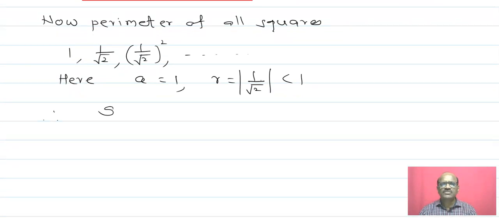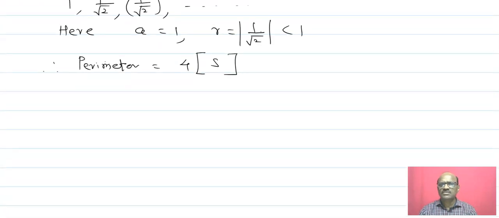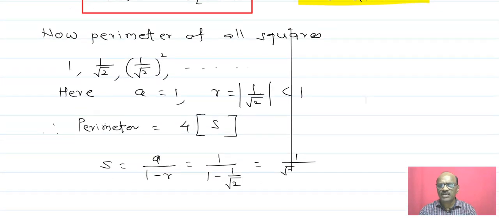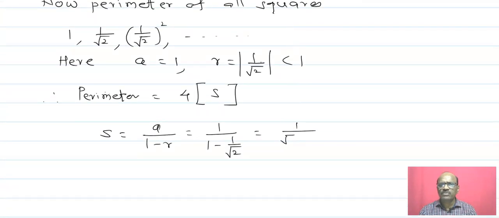Therefore s is equals to, that is perimeter of all the squares is equals to 4 into sum of the sides of all the squares. That s is equals to a upon 1 minus r, that is 1 upon 1 minus 1 upon root 2.